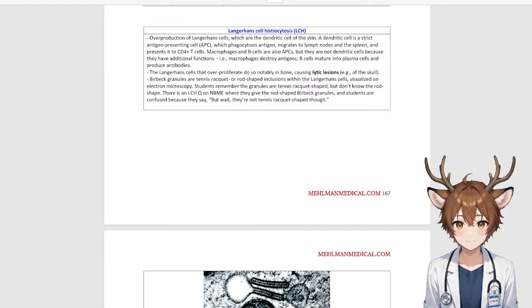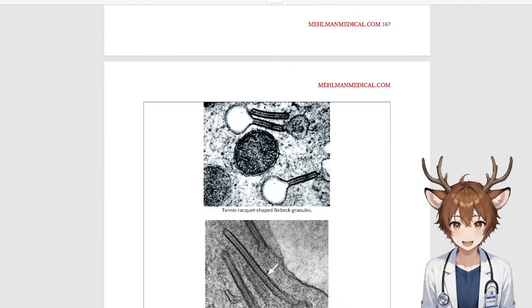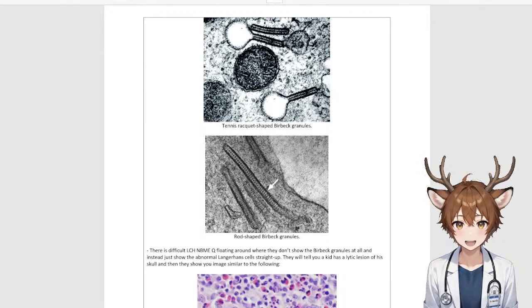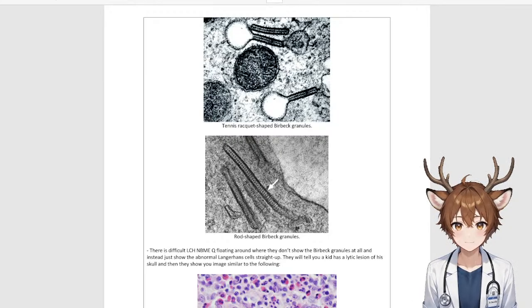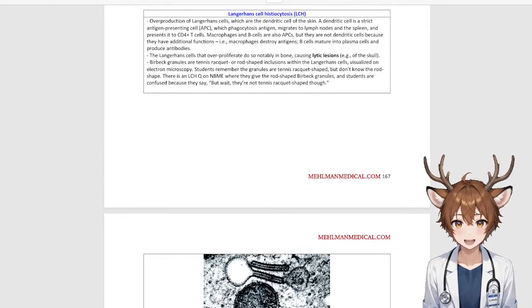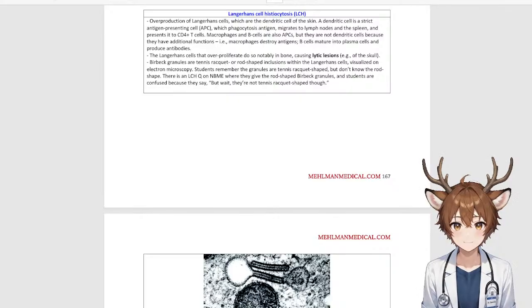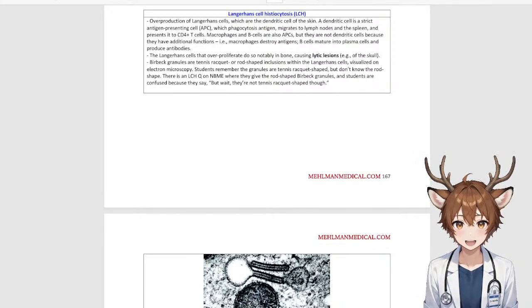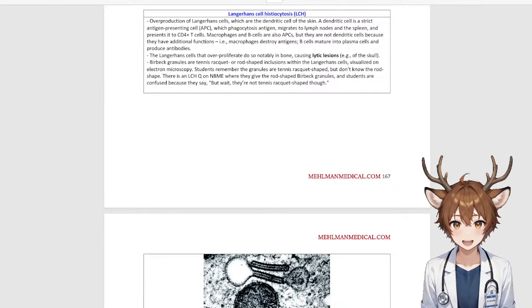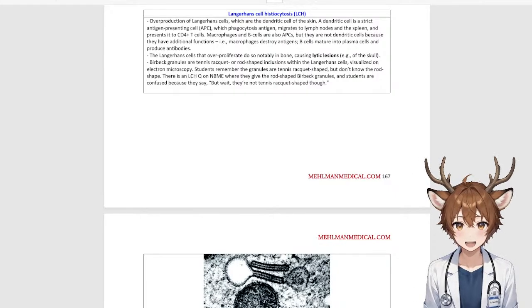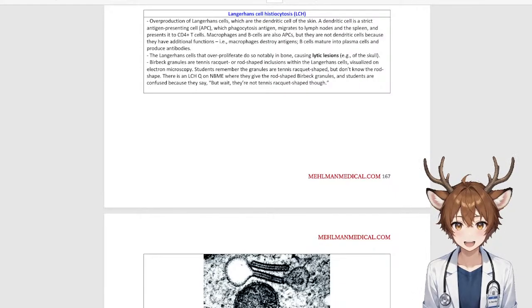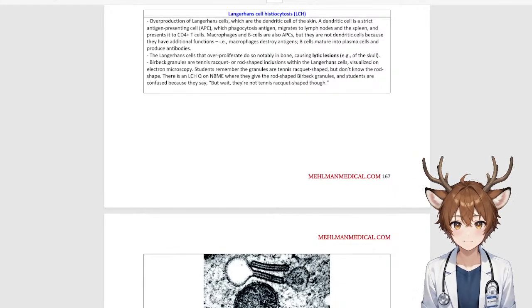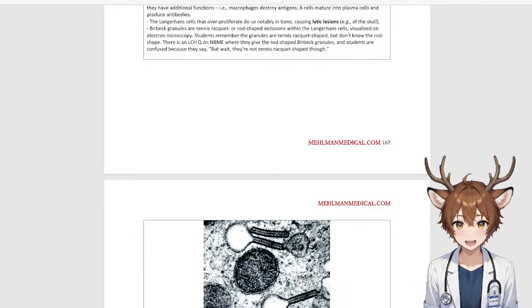So here's a tennis racket shaped Birbeck granule, and here's the rod-shaped Birbeck granule. Going back up, it says the inclusions within Langerhans cells include tennis racket or rod shape, so it could be either one of the two.